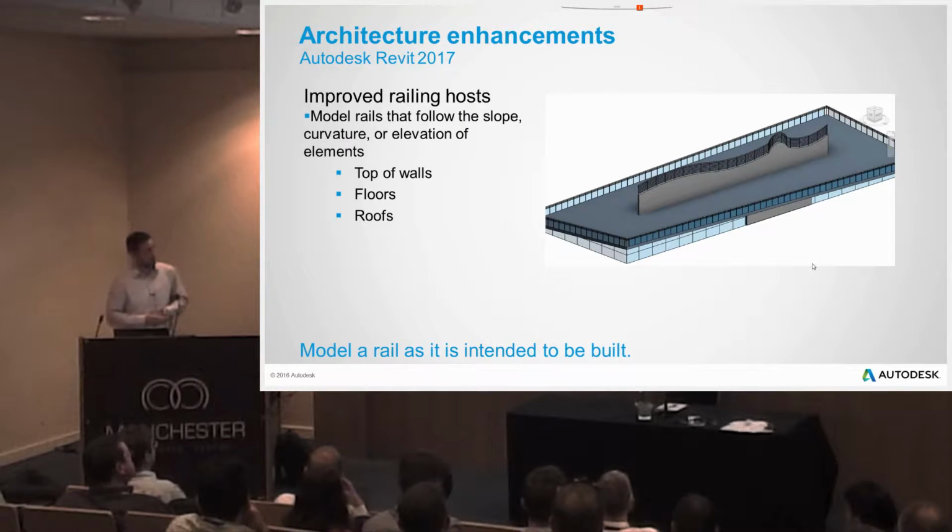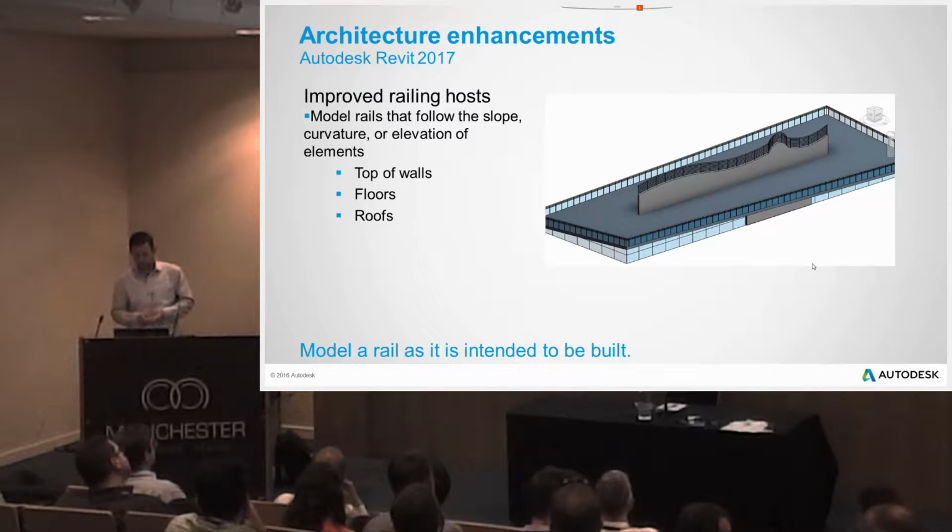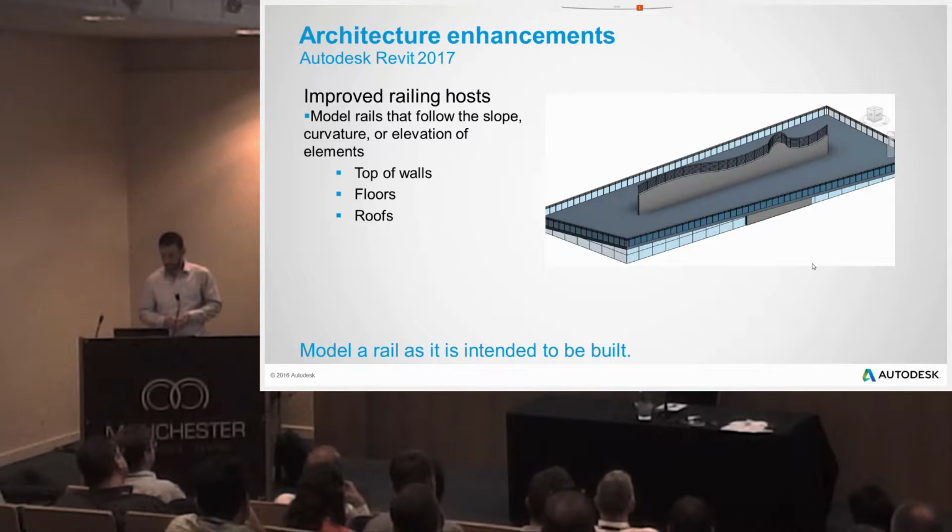As you can see within the demo here, it gives you far better opportunity to do things like site railings, or if you had some kind of crazy features like the ones visualized here, it should make things a lot easier for you.